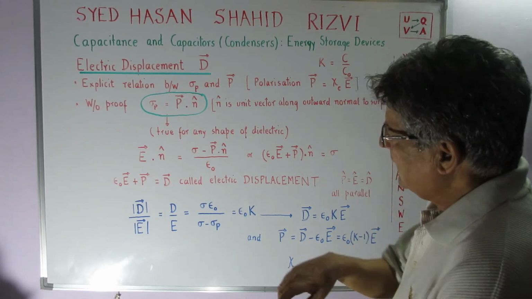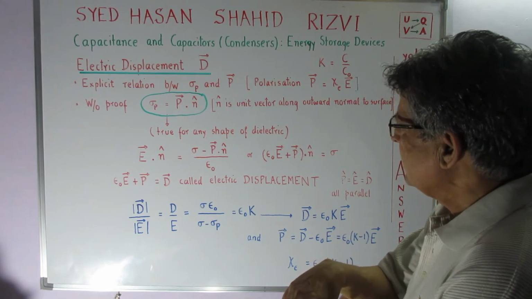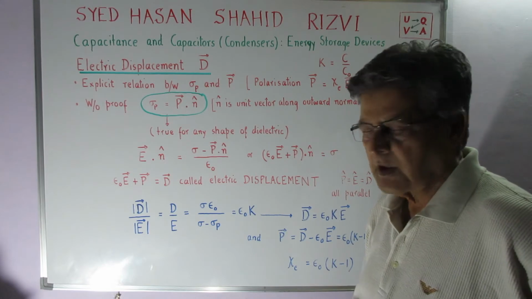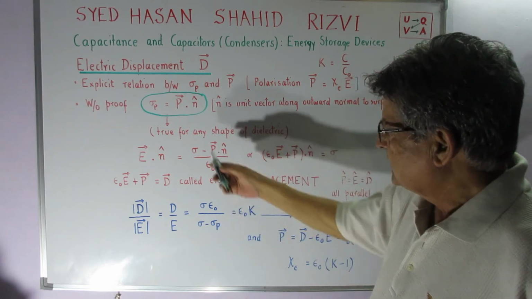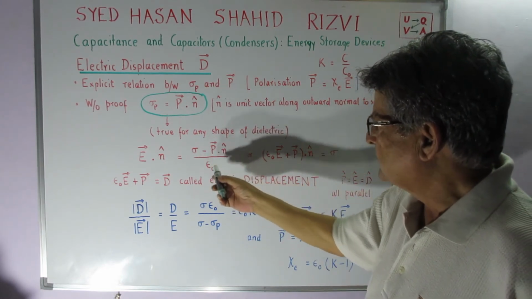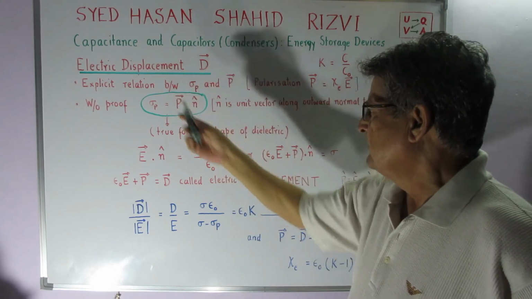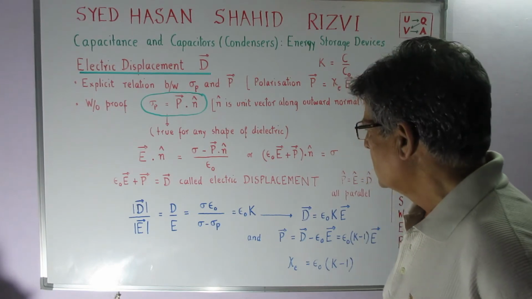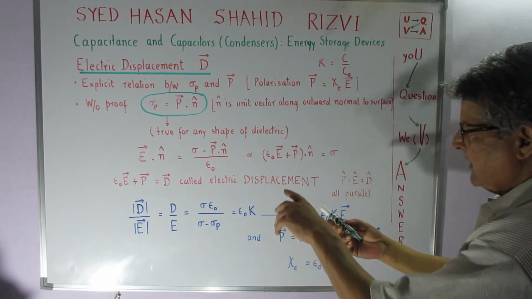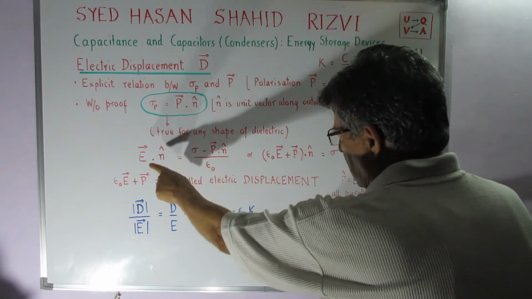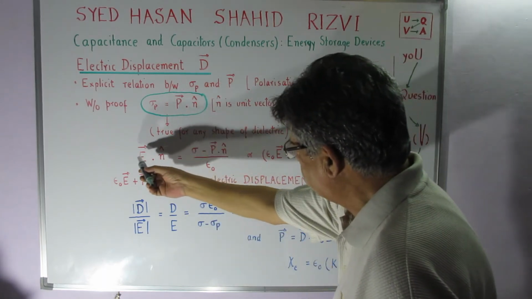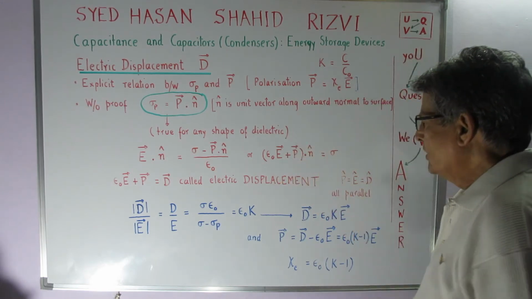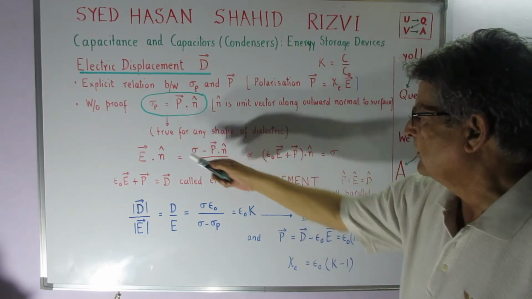So we can write that E dot n cap, I can write as sigma minus sigma P divided by epsilon naught, and sigma P is given as P dot n cap. Or if I just take this vector on this side and multiply it by epsilon naught, I get epsilon naught E plus P dot n cap is equal to sigma.